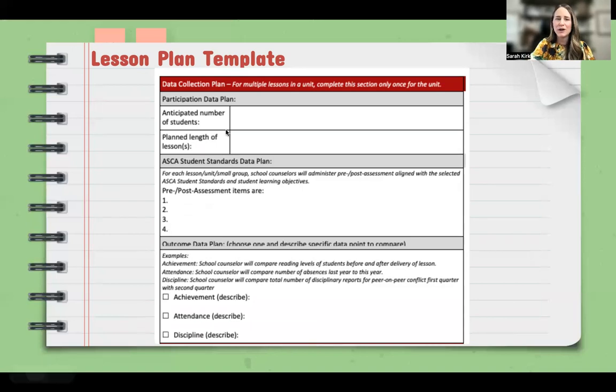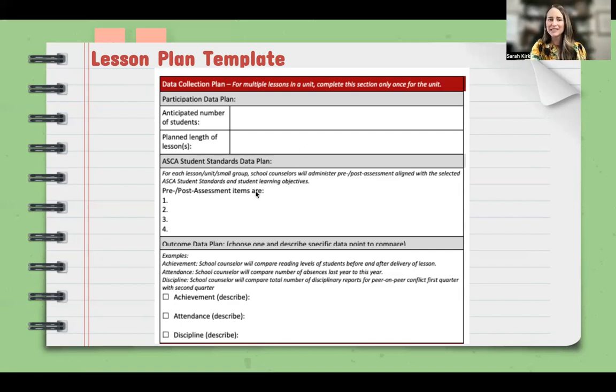Now, the next page of the lesson plan template is where we get into the data collection. So you'll see you have the 3 types of data: participation, our mindsets and behaviors data, and our outcome data. Now, again, we're not diving too deep into data in this session, but I have more out there. You can check those out if this is new to you. But ideally, for our small groups, we have our participation data, who is participating and for how long.